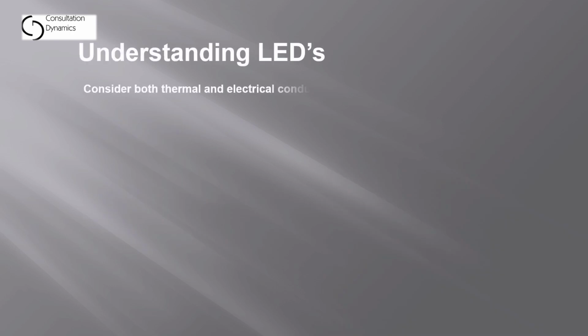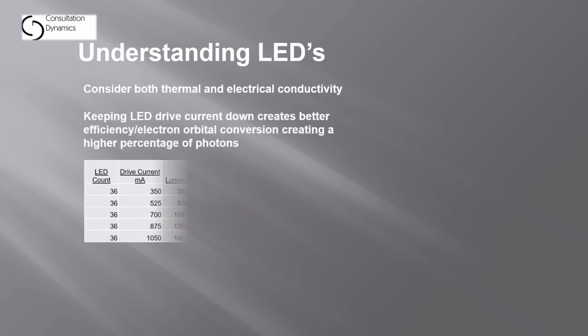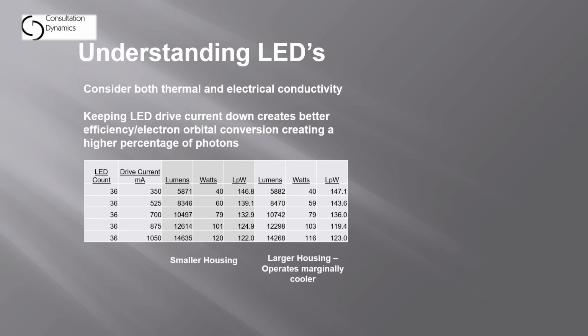And understanding this process, understanding LEDs, considering both thermal and electrical conductivity, helps us to appreciate where these efficiencies come into play. Because keeping LED drive currents down creates better efficiencies, because the electron orbital conversion that creates photons does so at a higher percentage rate when the drive current is lower.